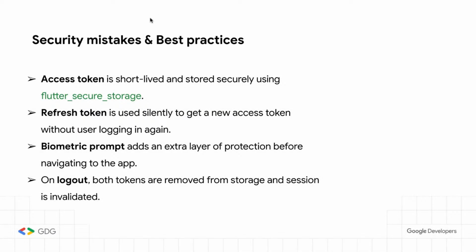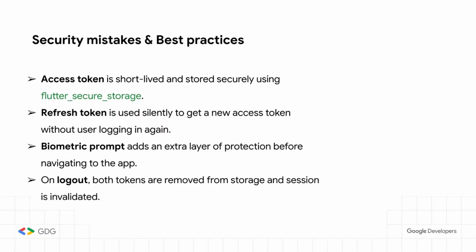Now, lastly, let us discuss some of the common security mistakes that we all make and how we can prevent them, and also the best practices of security in Flutter. Always get a good understanding of how to properly use access tokens. Now, an access token must be short lived and it must be stored securely using Flutter secure storage, and a refresh token is used only to get a new access token.